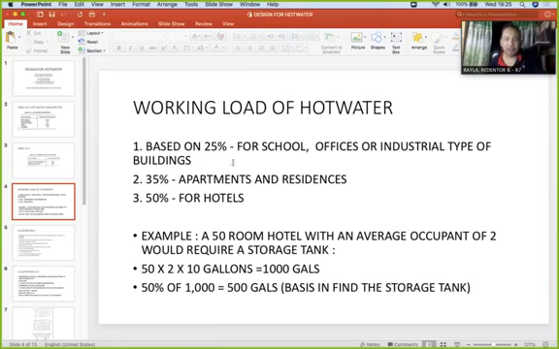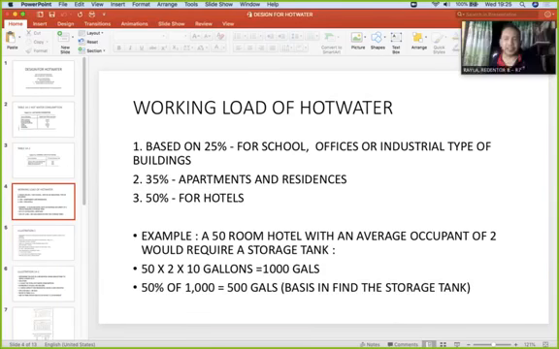For example, a 50-room hotel with an average occupant of 2 would require a storage tank. So what is the storage tank? That would be 50 rooms, 2 occupants, 50 times 2 times 10 gallons equals 1,000 gallons.